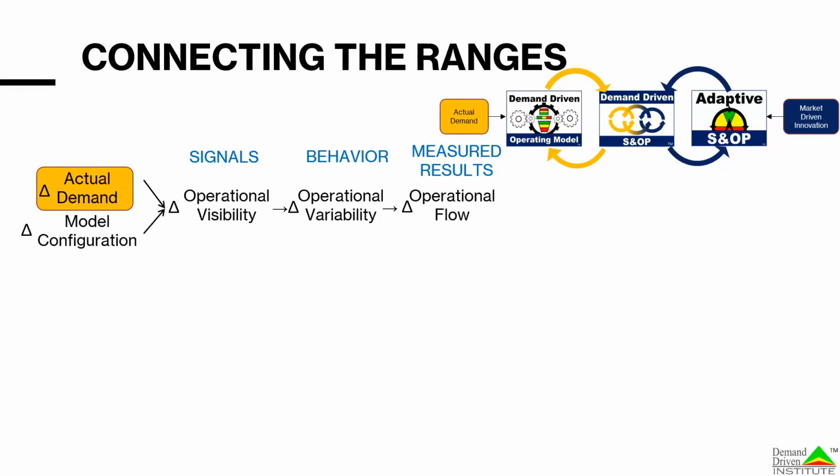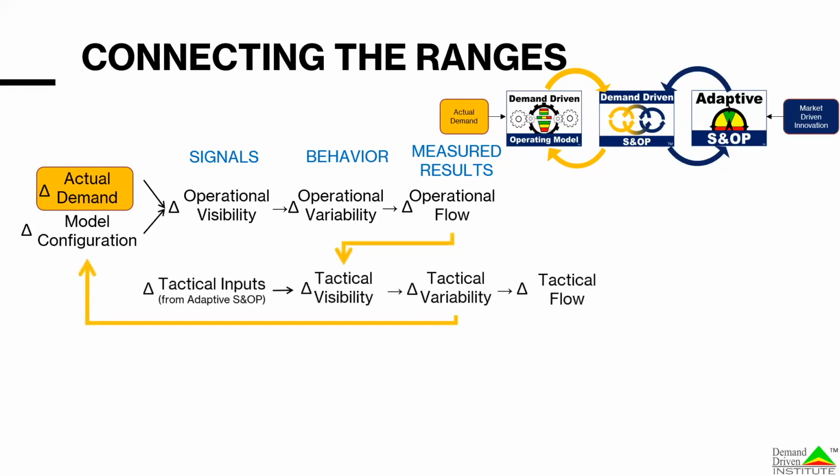Now, how does it connect to the tactical side? Because remember, we have to begin to do the tactical adaptive loop. Well, here you go. The measured result of operational flow becomes the tactical visibility. We're measuring the performance in the past. We're creating the run charts. That's giving us the signals combined with what we call tactical inputs from the strategic side, the future.